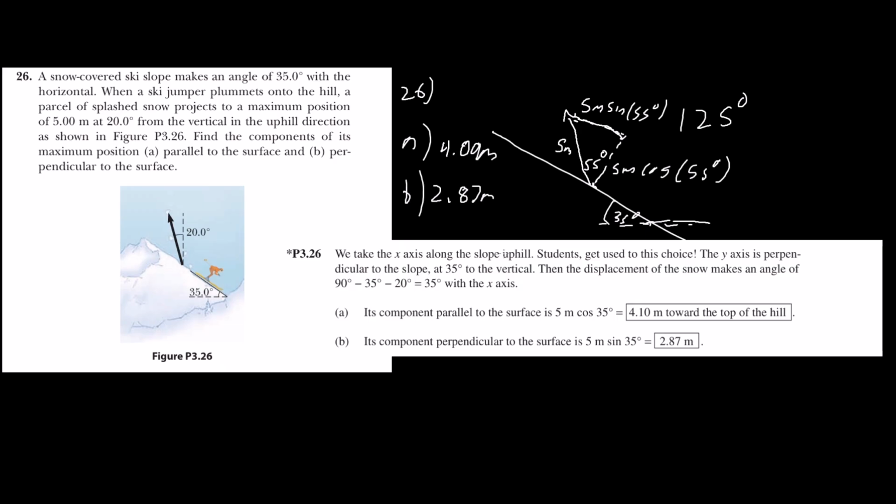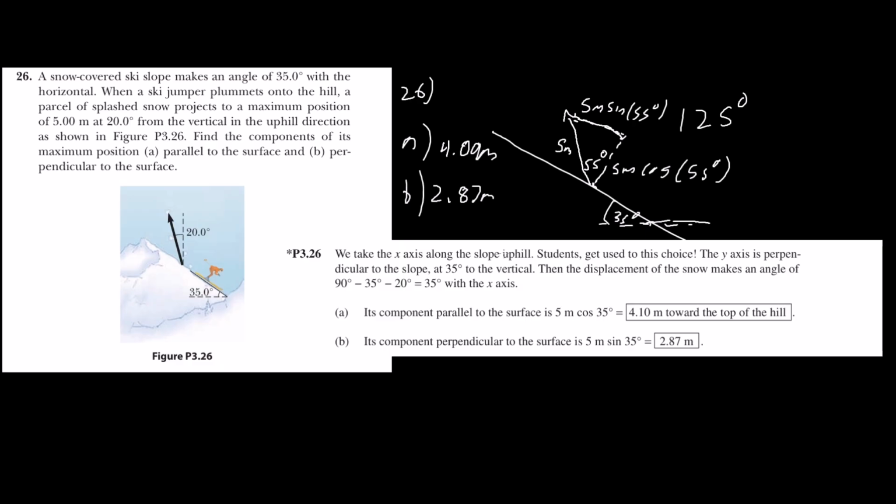So we take the x-axis along the slope of the hill. A student should get used to this choice. The y-axis is perpendicular to the slope at 35. Then the displacement of the snow makes an angle of 90 degrees minus 35 degrees minus 20 degrees with the x-axis. Awesome.